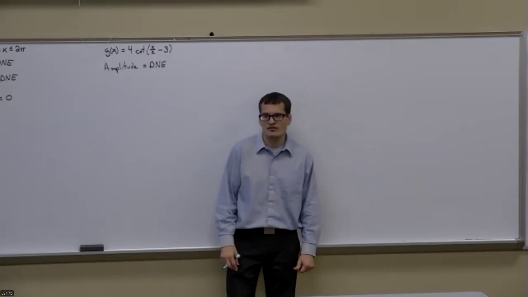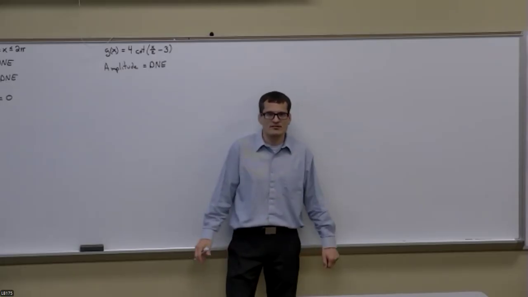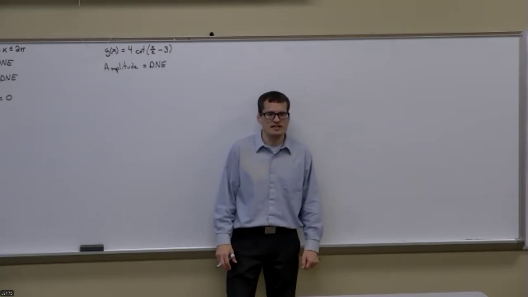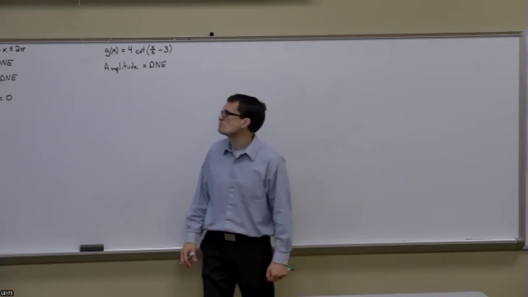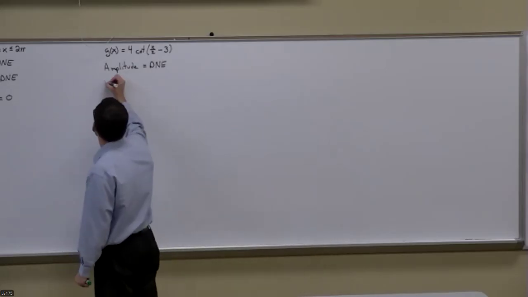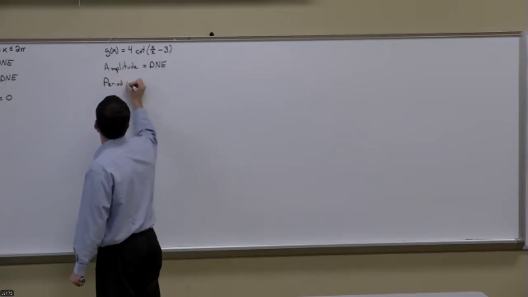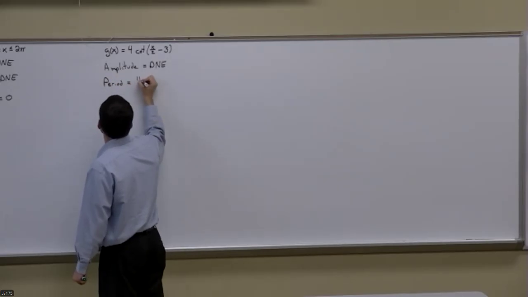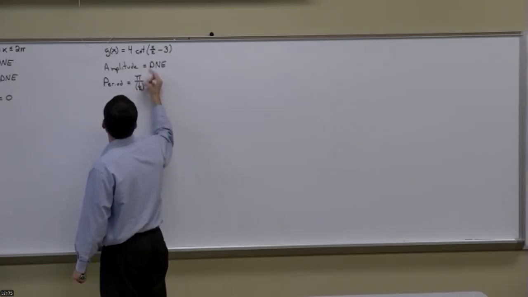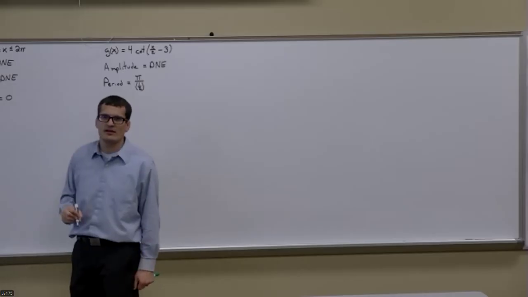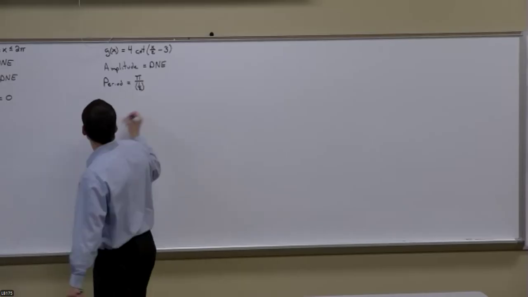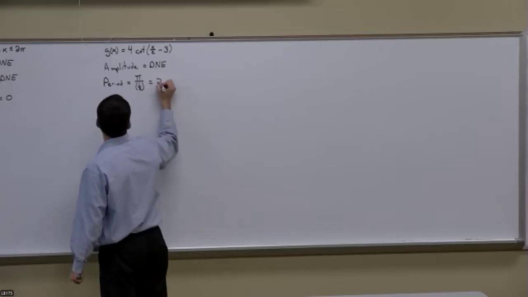So amplitude doesn't exist. Or again, some people would say the amplitude is infinite. The period is going to be pi divided by a half, because that coefficient is a half there, which is, by the way, 2 pi.